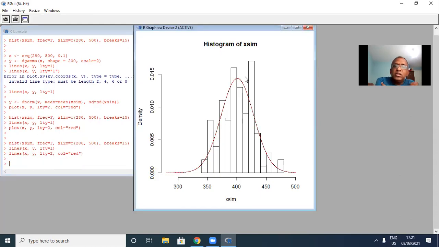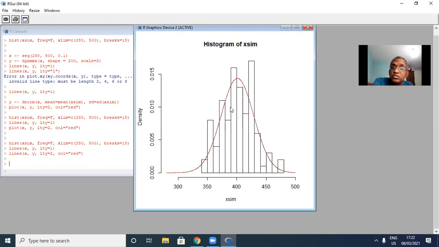I think they're kind of indistinguishable. There are actually two different curves here. They are almost on top of each other. There's a curve in black, which is the density of the gamma distribution, and there's a curve in red, which is the density of the normal distribution, and they are pretty close to each other.